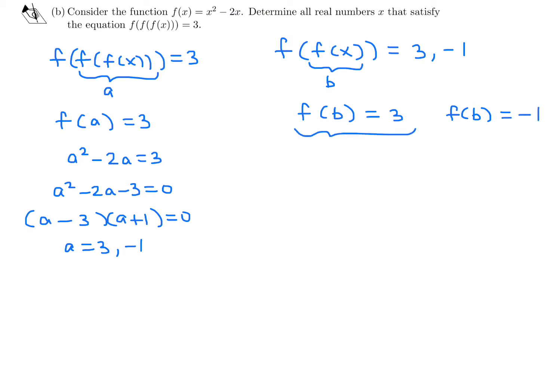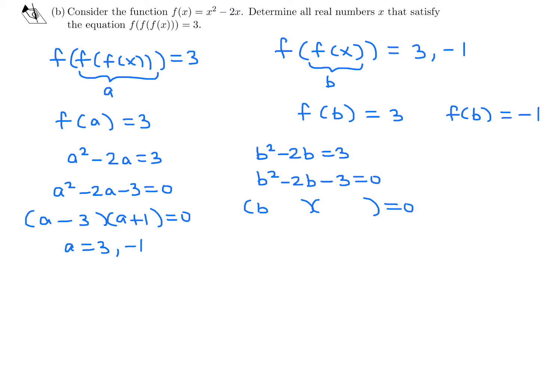So let's go with this one first. Using this formula again, b squared minus 2b is equal to 3. So b squared minus 2b minus 3 is equal to 0. So factor this, and it's the same thing, right? So b is equal to 3 or negative 1.